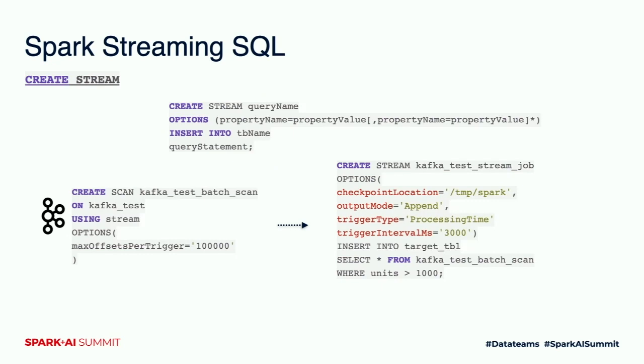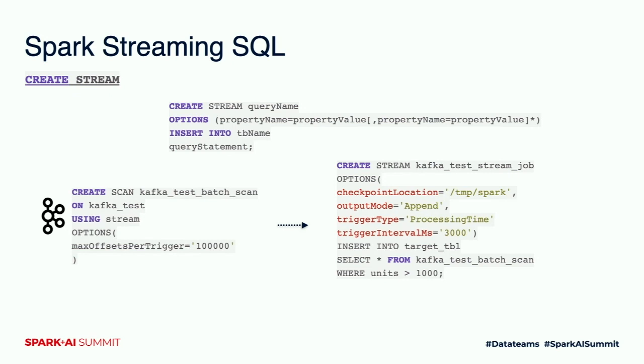But for a streaming job, there are lots of runtime job parameters like checkpoint location, output mode, etc. How should we set these parameters for this job through SQL? Here, we introduce create stream syntax. A stream represents a structured streaming job.